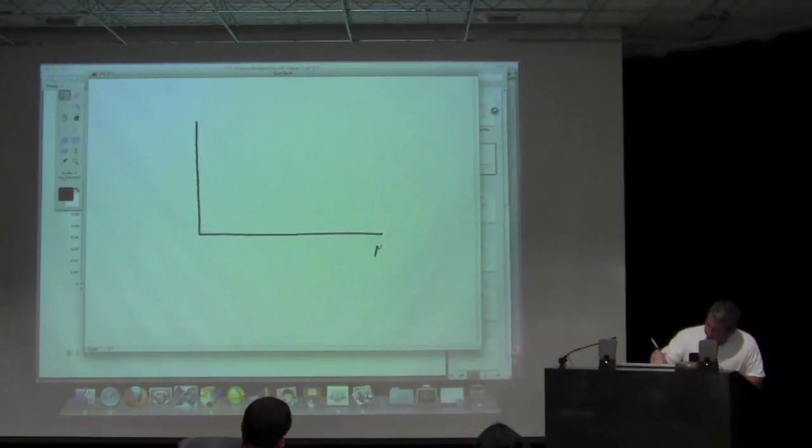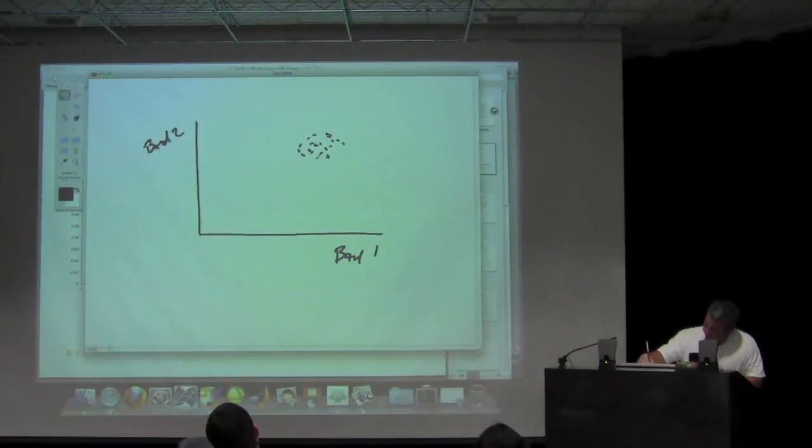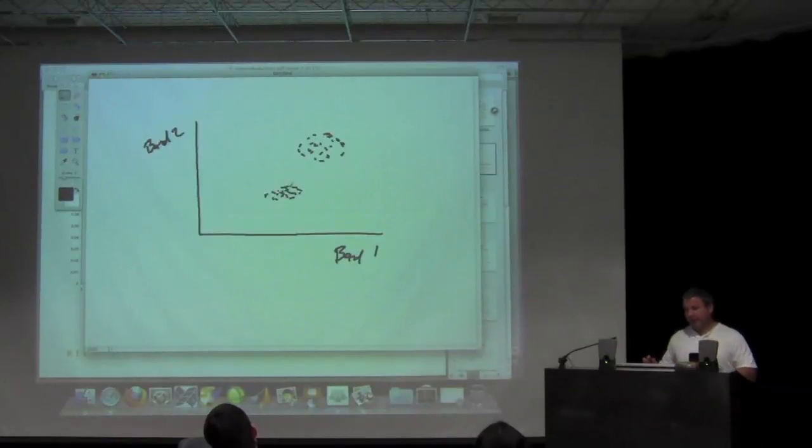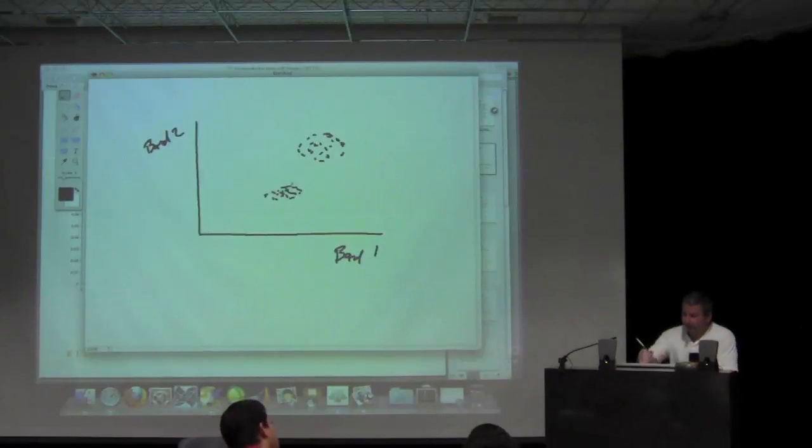If I have band 1 versus band 2, and I have a set of points that make up one class and fall here, and I have a set of points that make up another class that fall here. So this might be omega 1 and omega 2, two different land cover types.